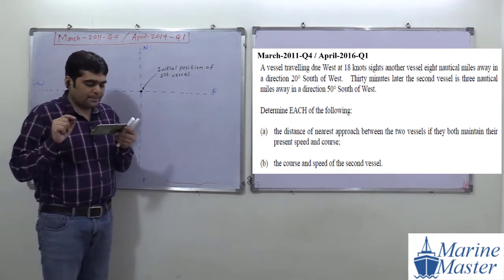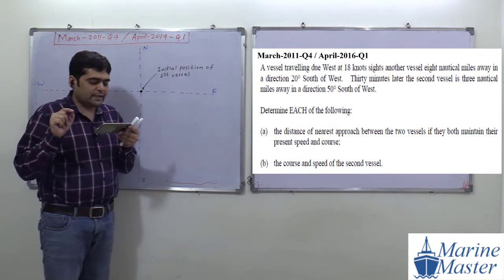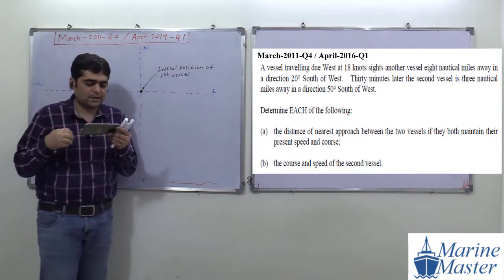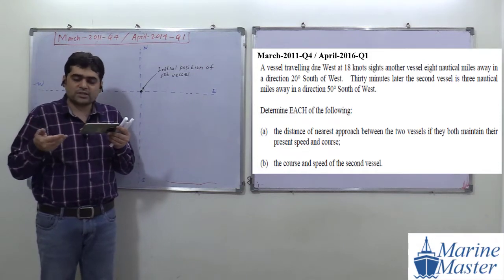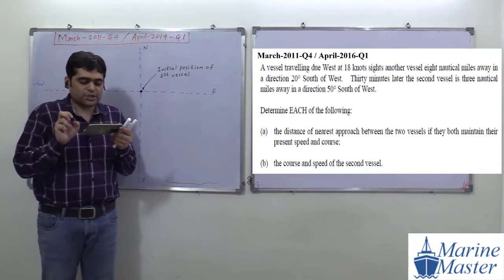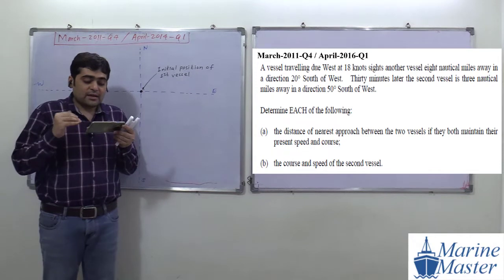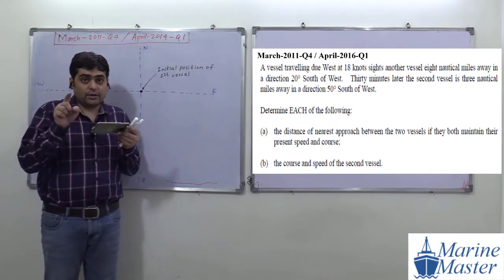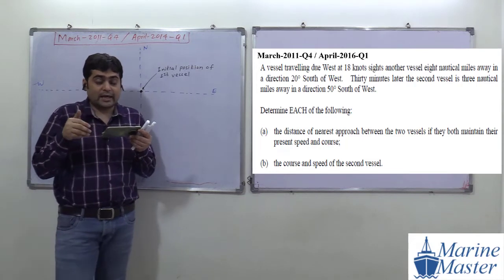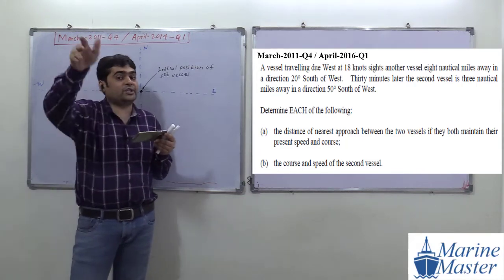So what is happening, guys? A vessel is traveling. So the first vessel is traveling at what speed? It is traveling due west, in the due west direction at 18 knots. That is its speed, that is its velocity. It sights another vessel, the second vessel, 8 nautical miles away. See here, it is not observed in the dead ahead direction.